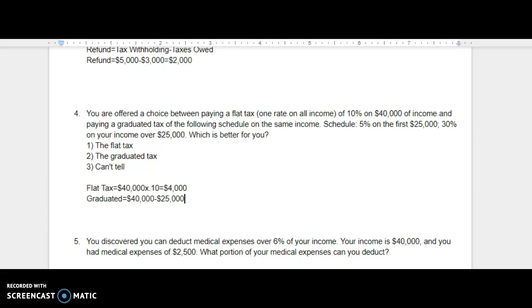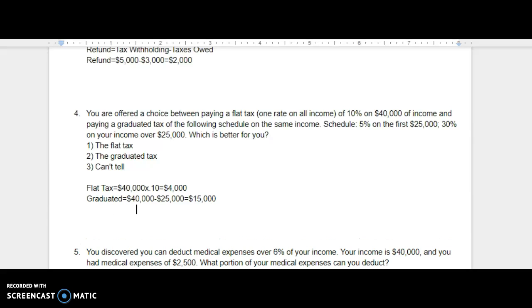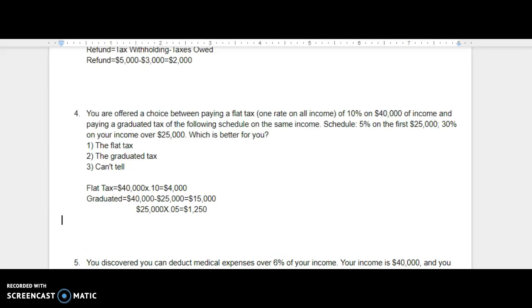So $40,000 minus $25,000 is equal to $15,000 that will remain. So our first bracket is going to be that $25,000 at 5%. So let's move that decimal place 2 over. So 25,000 multiplied by 0.05. So we know in that case that we would be paying $1,250 for the first tax bracket.